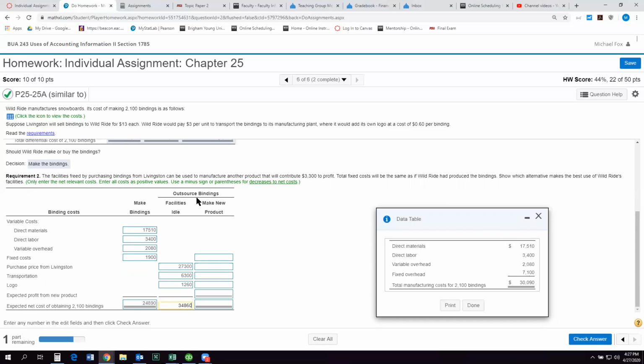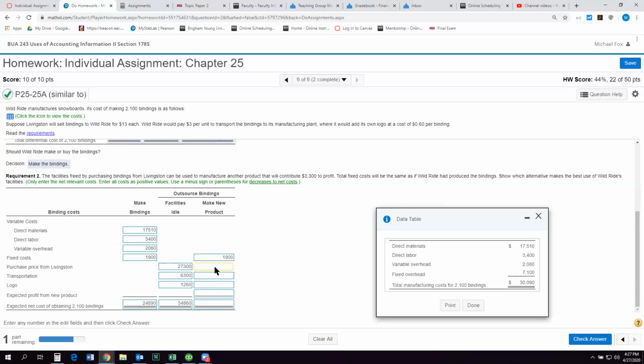And now the cost of this additional product we're going to make. So the additional cost is that we're actually going to have this $1,900 in fixed costs included, right? Because it says the cost will be the same as if we make the bindings.